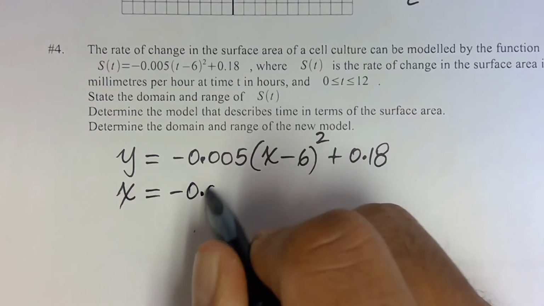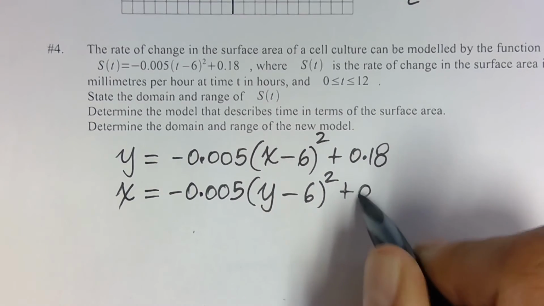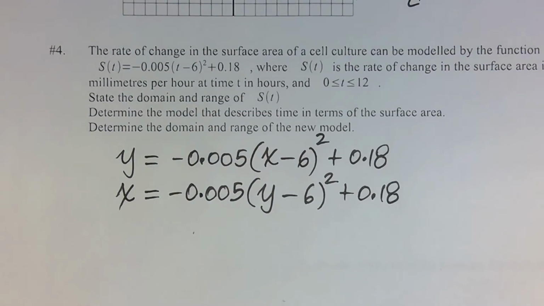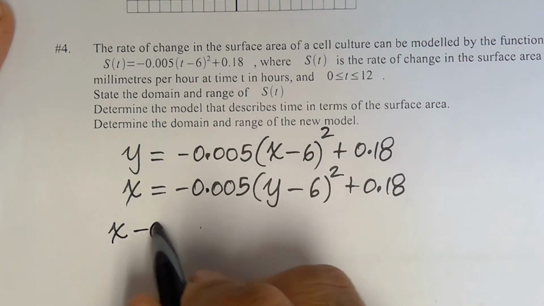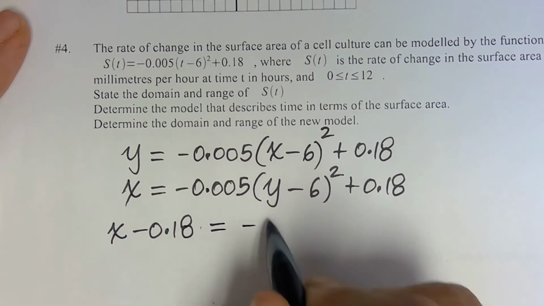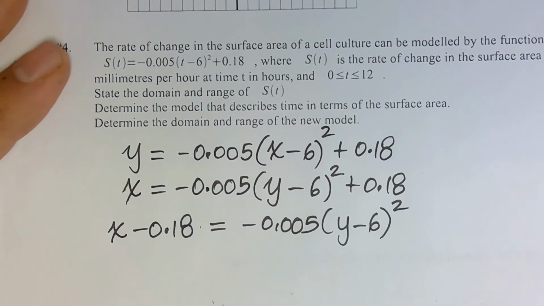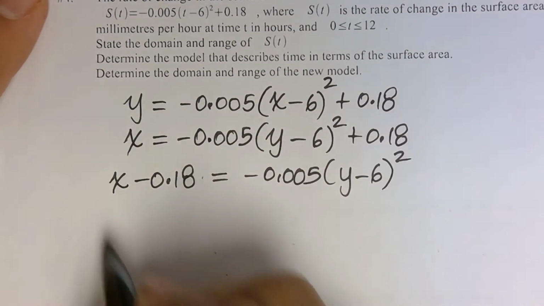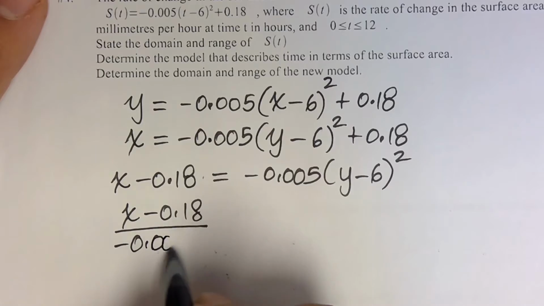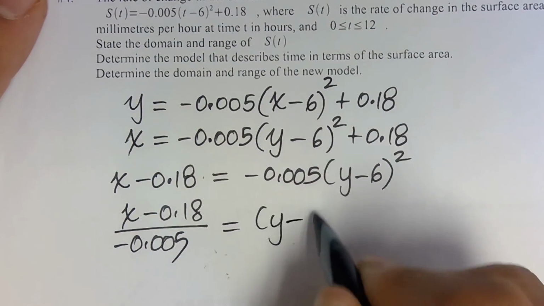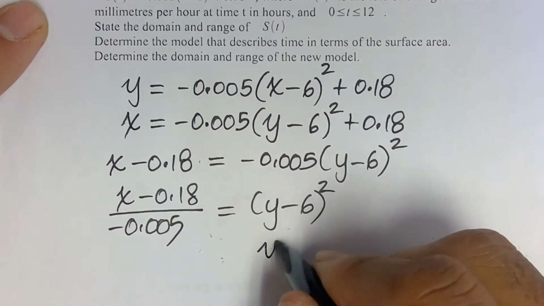Everywhere I have x, I'm going to write y. And then I'm going to solve for the new y. So I've got x minus 0.18. Then to solve for y, I'm going to take the square root of both sides.